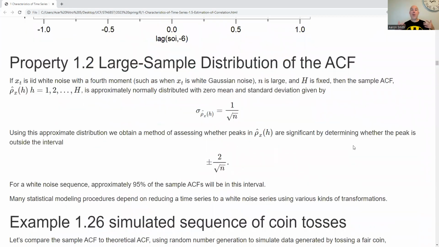All right, so now let's talk about the large sample distributions of autocorrelations. One thing that we're going to do in statistics over and over is that if I have a large enough sample size, then in the idea of mathematical convergence, I know the mathematical statistical properties of what's going to happen.